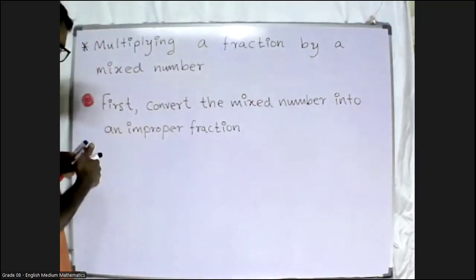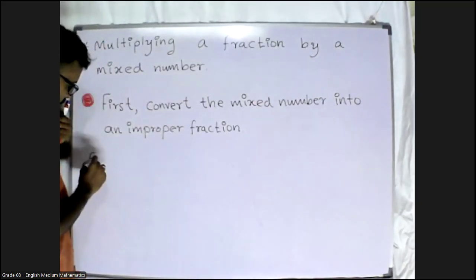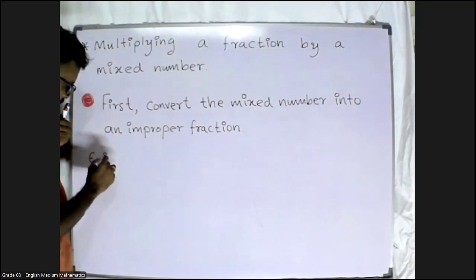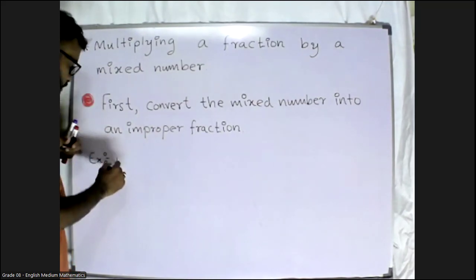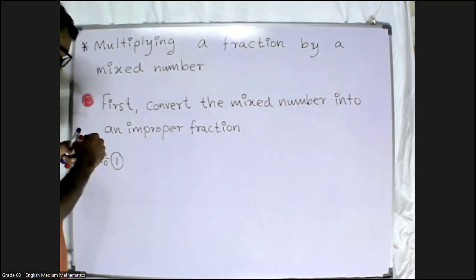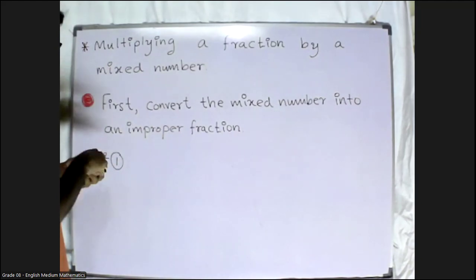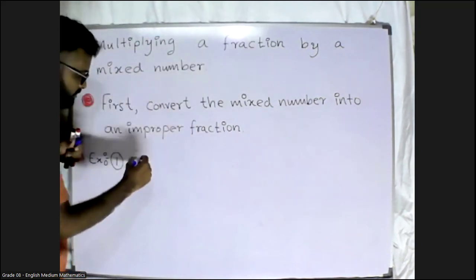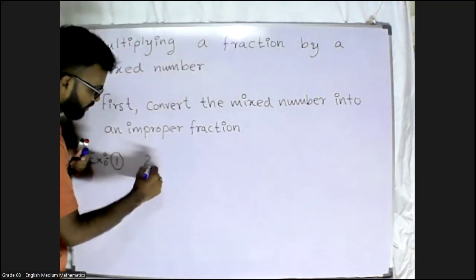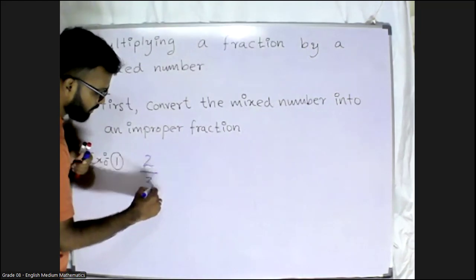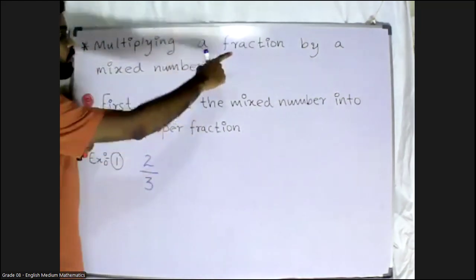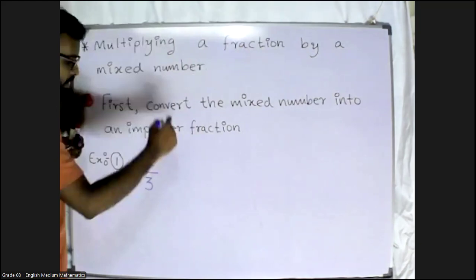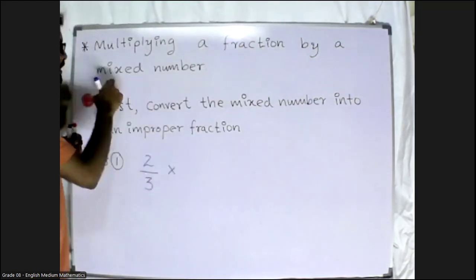Example number 1. So what it tells is multiplying a fraction. So I will take a fraction, 2 upon 3, and I am going to multiply it by a mixed number.